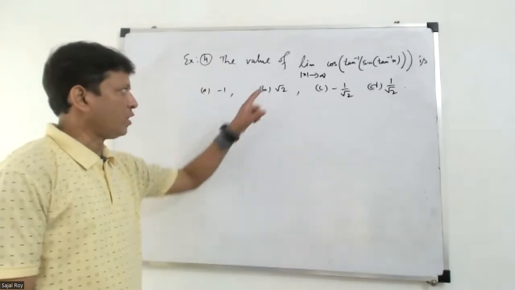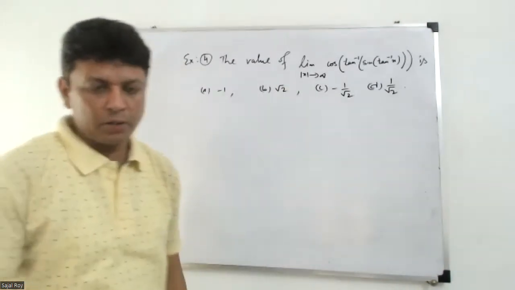So what you are doing, actually you see mod x tends to infinity. What does it mean?